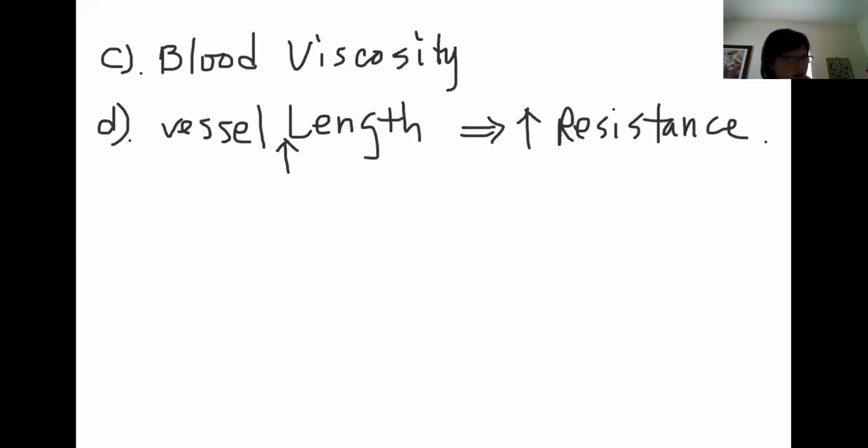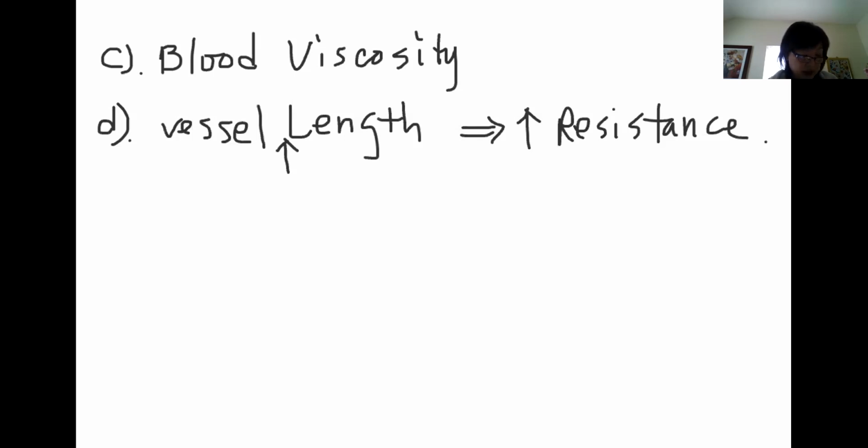Number 1 is sympathetic regulation. Number 2 is the vasoconstrictors. Number 3 is the blood viscosity. Number 4 is the total vessel length. Okay, so that's the first big factor, diameter change of the peripheral resistance.